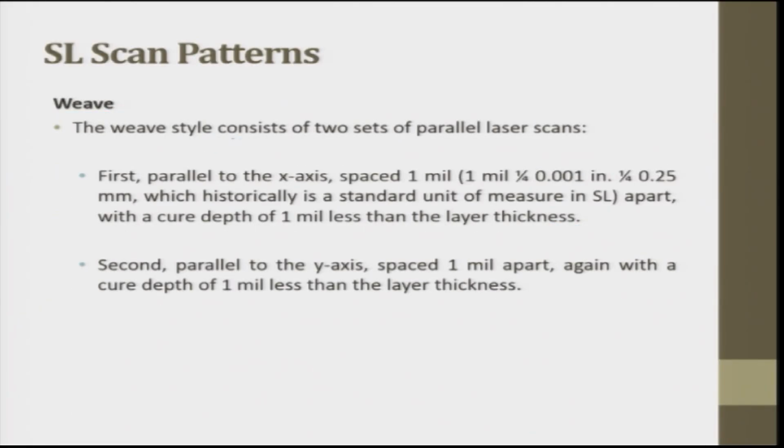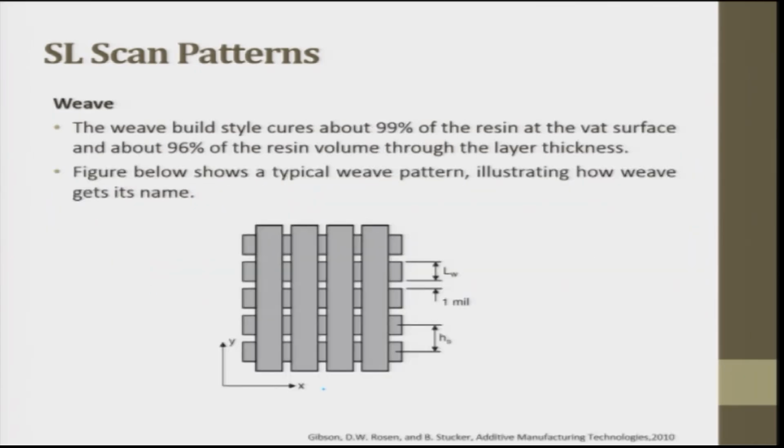The weave style consists of two sets of parallel laser scans. First, parallel to the x-axis, spaced 1 mm apart, with a cure depth of 1 mm less than the layer thickness. Second, parallel to the y-axis, spaced 1 mm apart, again with a cure depth of 1 mm less than the layer thickness. So, this is how you form a weave style.